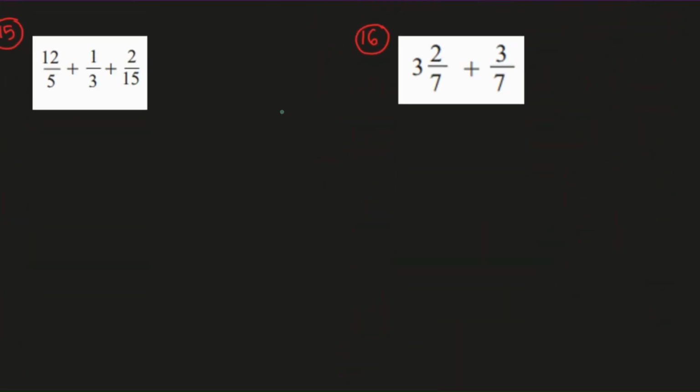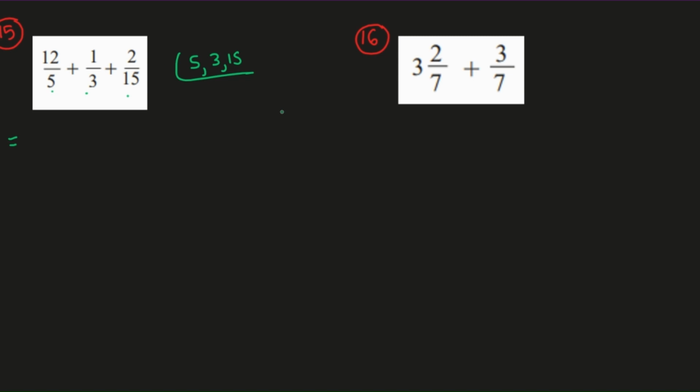Okay, you can see the same thing here. When I see the question, I can quickly decide that the LCM is 15, right? The reason is 5 can be converted into 15, 3 can be converted into 15, and 15 can be kept as it is. But if you need to get the answer through the LCM, let's quickly find it.